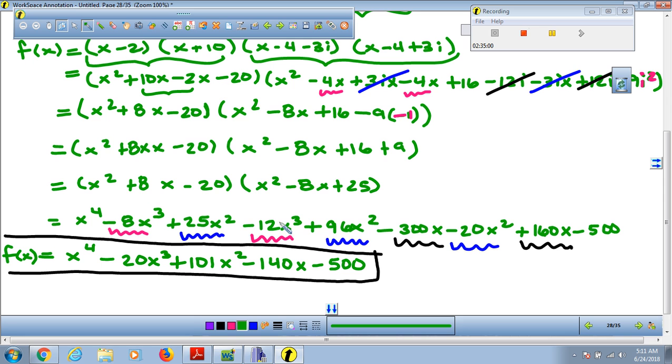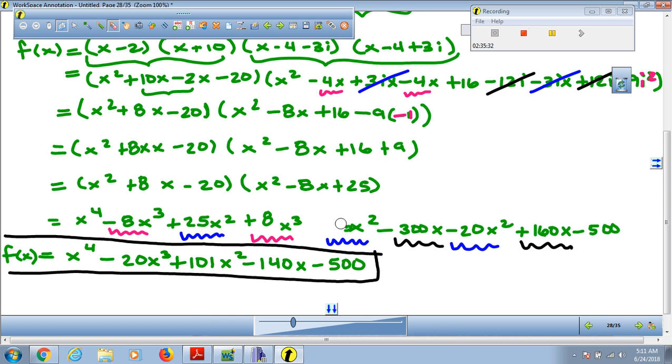So here's going to be the first change. This is supposed to be a positive 8x to the third power, and then here it's supposed to be a negative 64x squared.